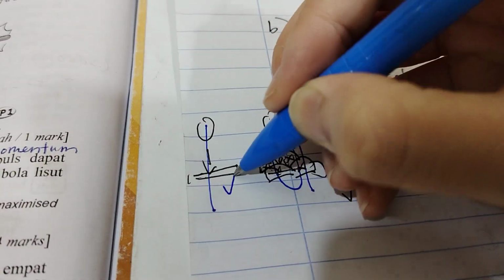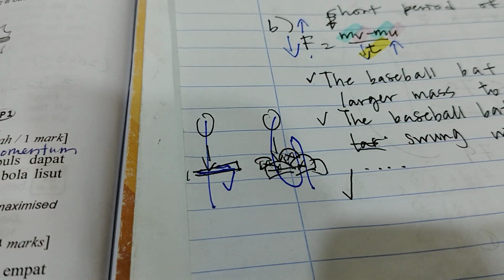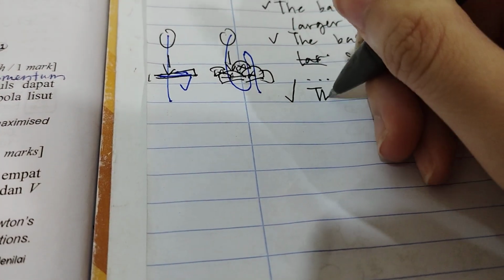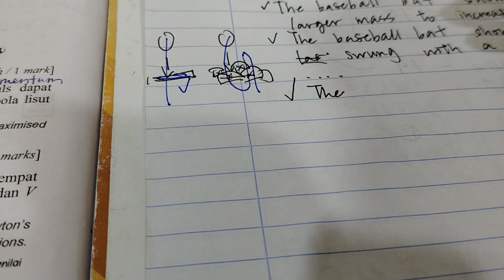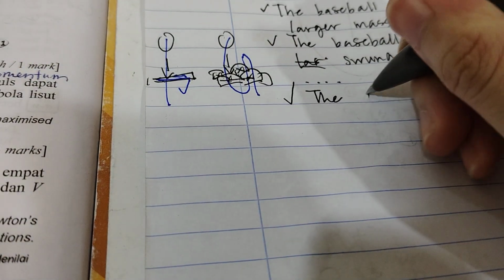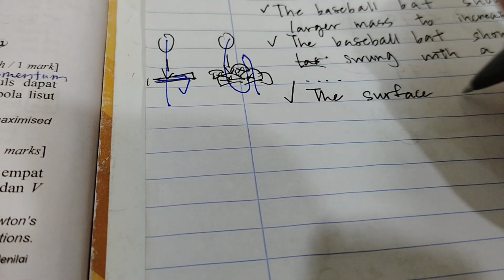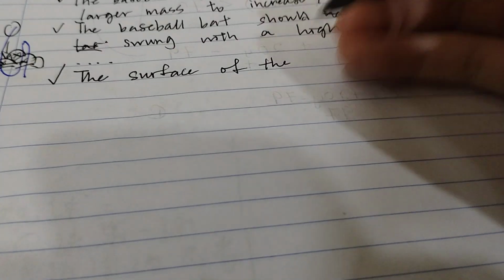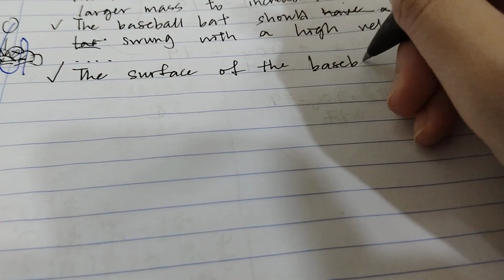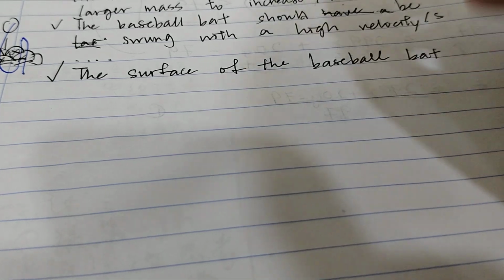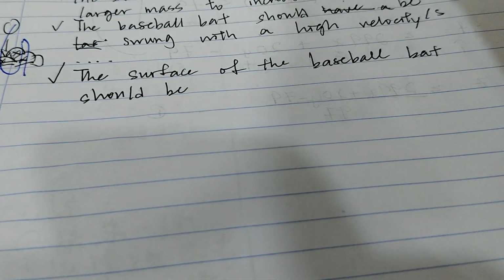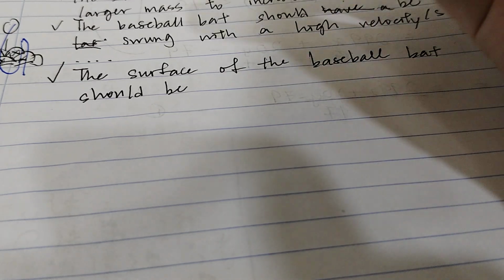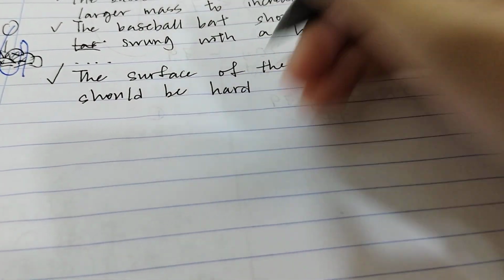So you need a hard surface, you need something that's tough. Okay? So when we write the answer, we can say the surface of the baseball bat should be hard. It's actually kind of weird.